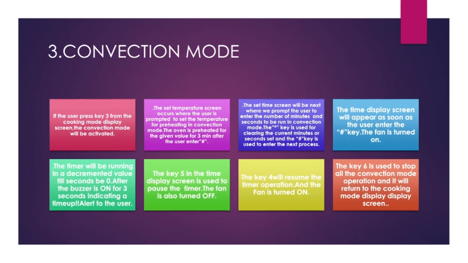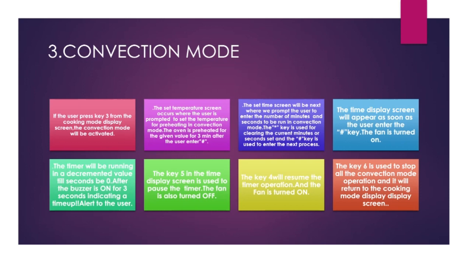The oven is preheated to the given value for 3 minutes after the user enters the hash key. The set time screen will be next, where we prompt the user to enter the number of minutes and seconds to be run in convection mode, and the star key is used for clearing the current minutes or seconds set, and the hash key is used to enter the next process.